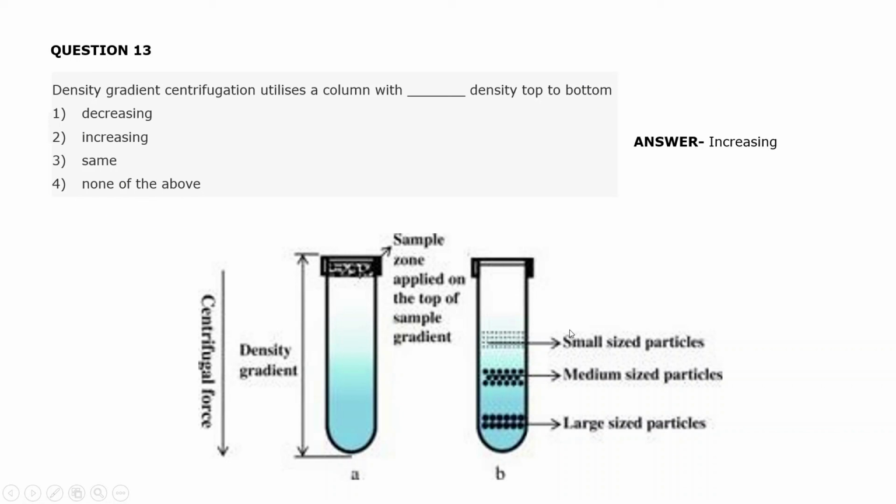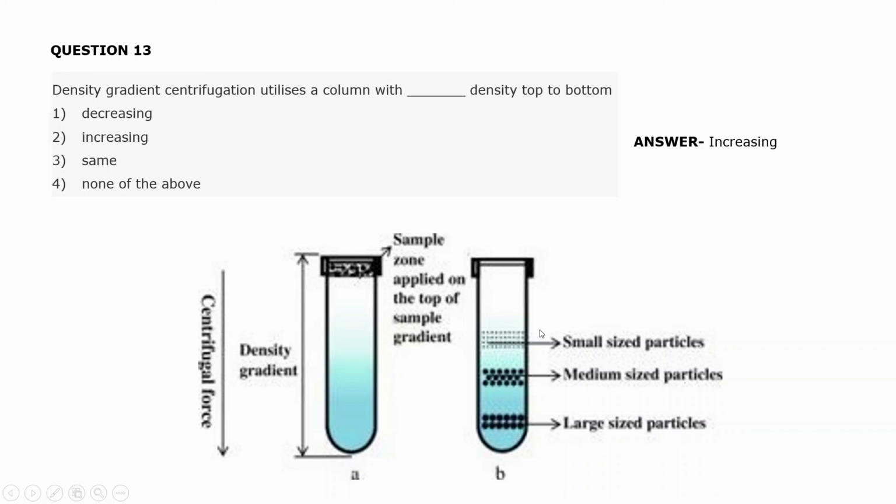So you can see that these particles move based on the density, right? If you look at a small size particle, as it is smaller, density will be less, and the buoyant density of the particle will be equal to the density of that particular sucrose gradient present there.